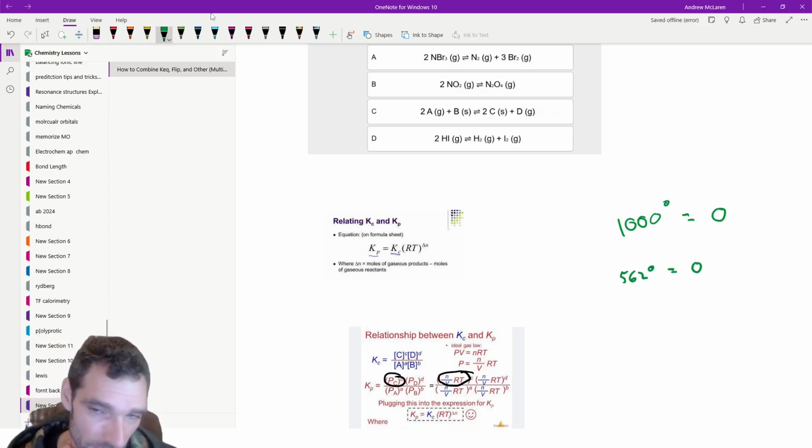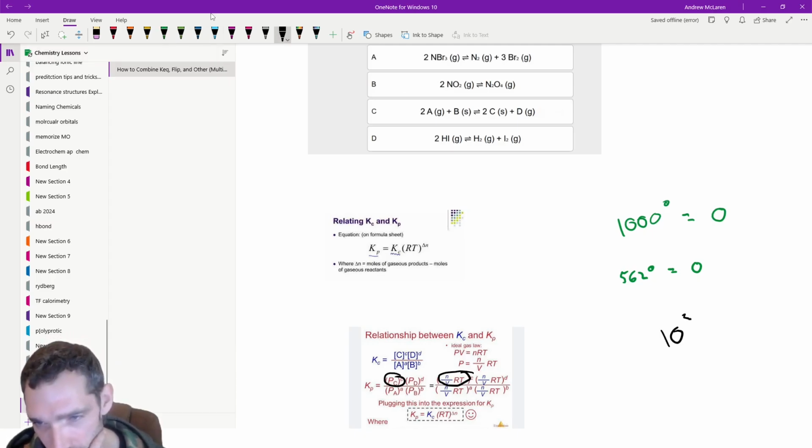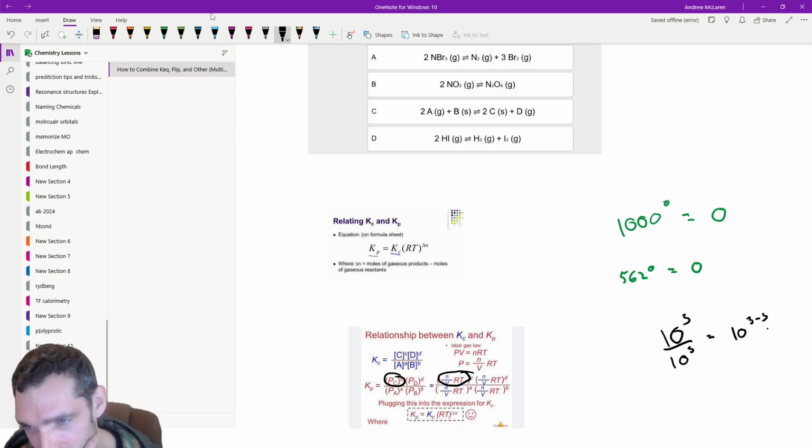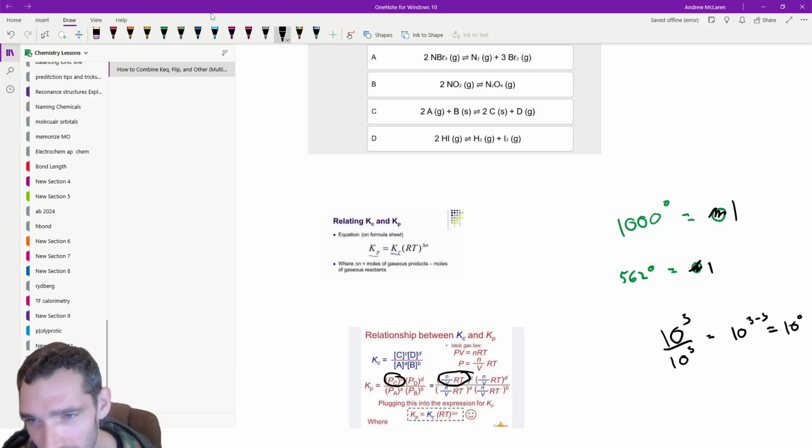In other words, you've got 0 sets of the number being multiplied. I like to think of this as if you had 10 to the third power divided by 10 to the third power, this is 10 to the 3 minus 3. Oh, actually, sorry. No, this ends up being a value of 1. That's how it works.